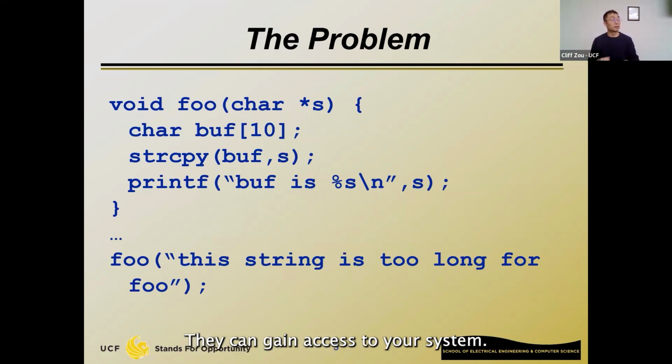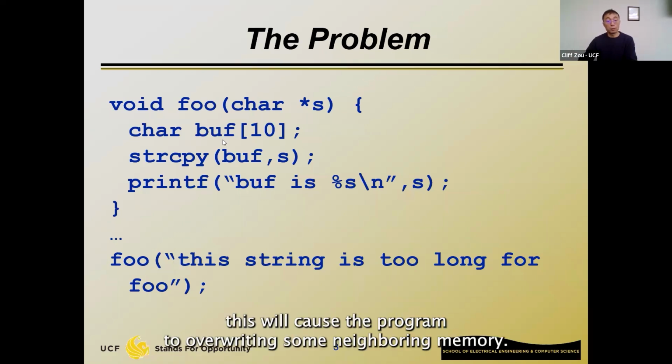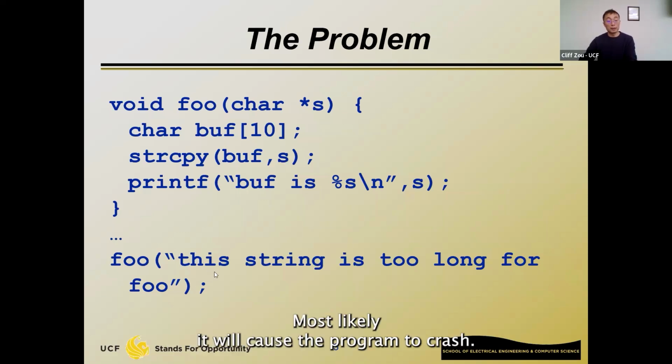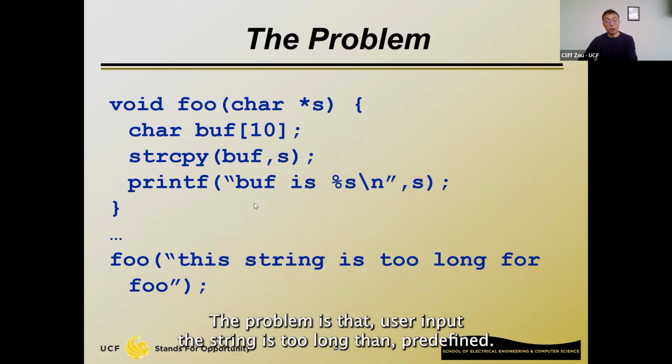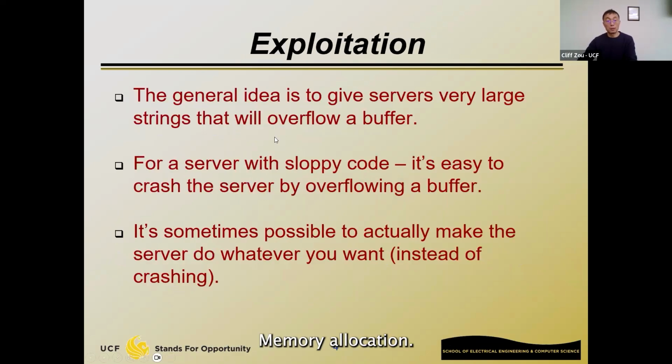They can gain access to your system. So if this function is called using this long string, it will cause the program to overwrite neighboring memory. Most likely it will cause the program to crash. So that's the problem: the user input string is longer than the predefined memory allocation.